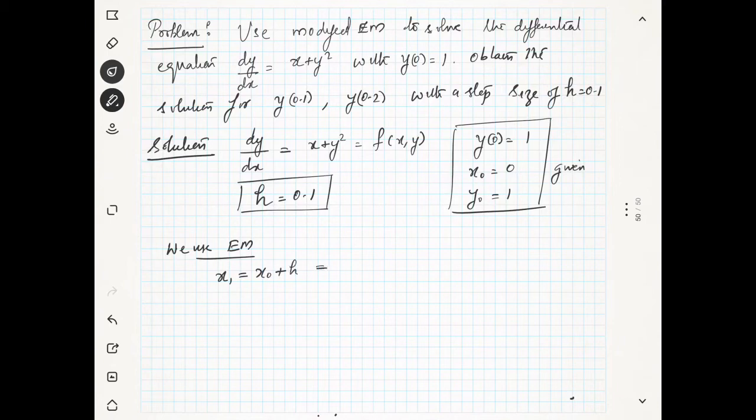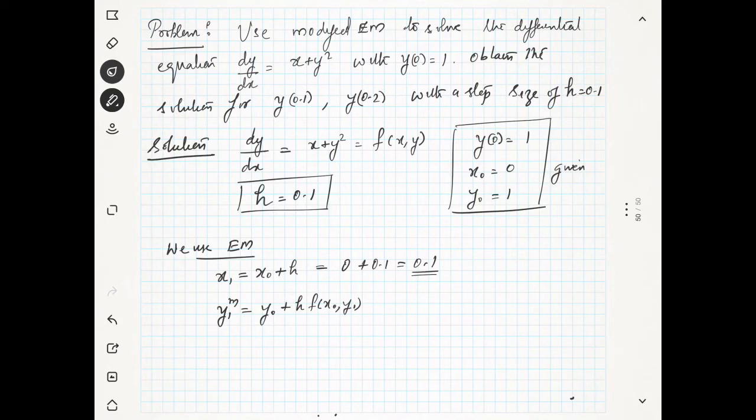X0 is 0, plus 0.1, which is equal to 0.1. So we got x1. Now what is y1? That means y1 is equal to y0 plus h into f of x0 y0. This you have already seen, and we will name this y1 of m, because it is not the final solution.